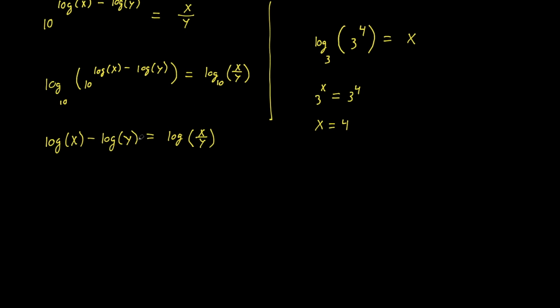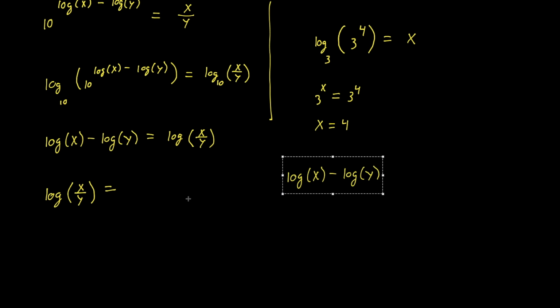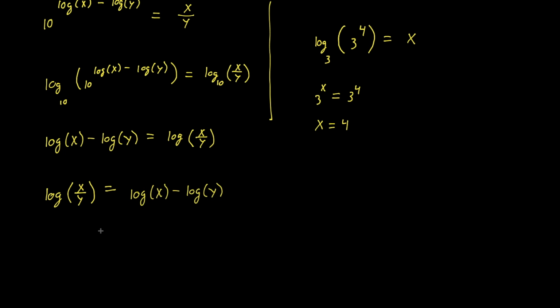And finally, just because people generally write it this way, and I want to make it easy on your brains, we're just switching the right side to the left. So log of x over y equals log of x minus log of y. And we are done.